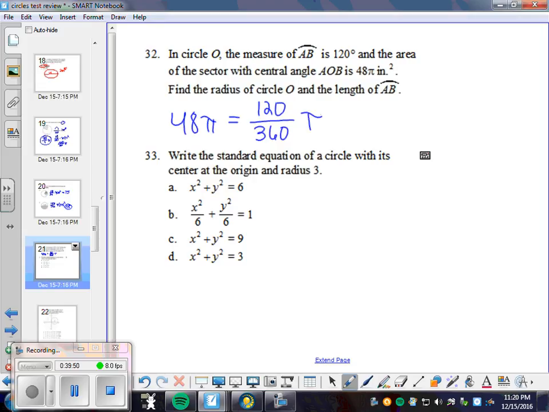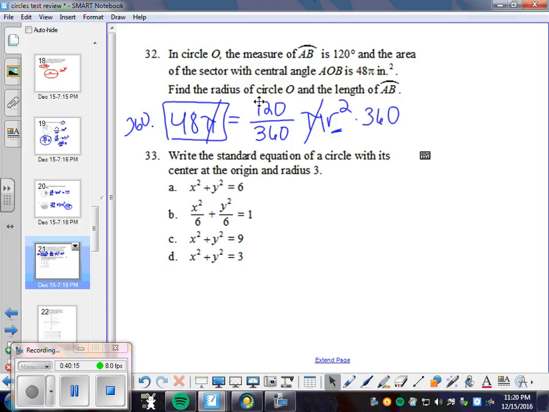Okay, pi r squared. So I'm setting up my equation. So this was my arc over the 360 pi r squared. They gave me the area of the sector. This is my formula for an area of a sector. They want me to find r. So I'm going to have to multiply by 360 on both sides. Okay. Now go ahead, you can mark out your pi's because they would cancel out.